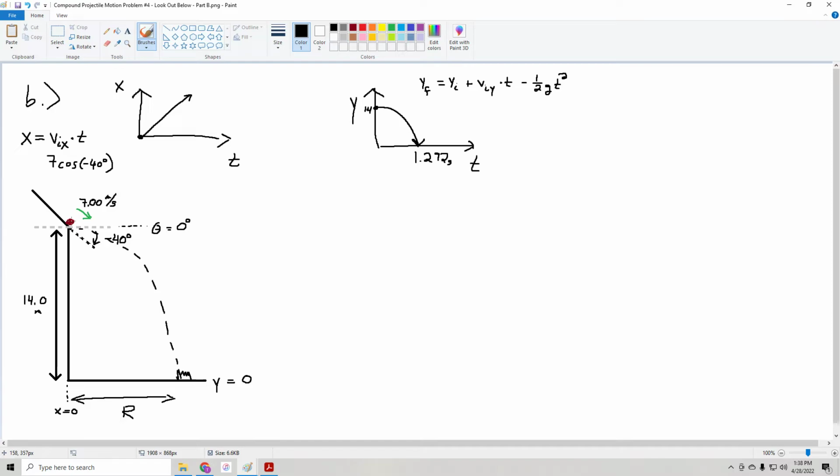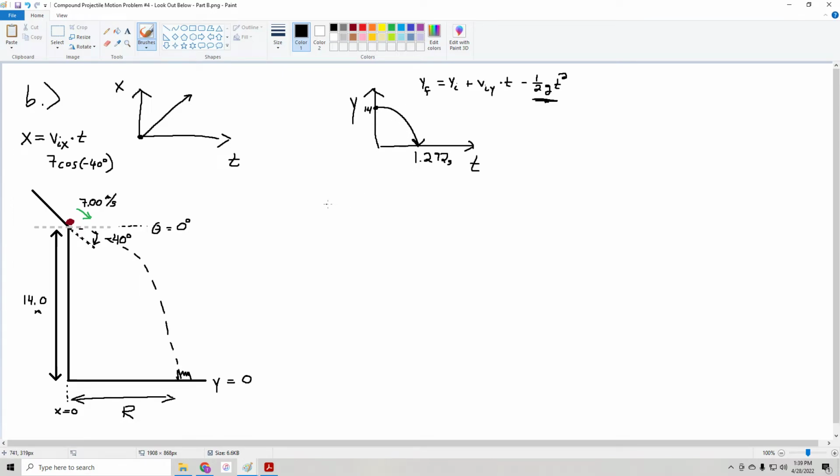The snowball is just sitting up there at 14 meters in the y direction at t is equal to 0. And then at 1.292 seconds, it hits the ground. And it takes that general shape. And that comes from this. The negative parabola is kind of hidden in this piece of our expression. And because the t squared is larger than all the other pieces of this expression, our general shape takes on that.